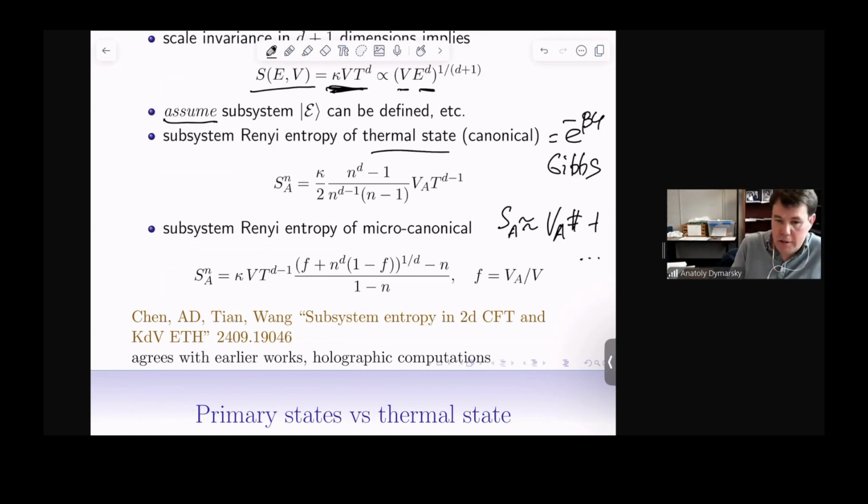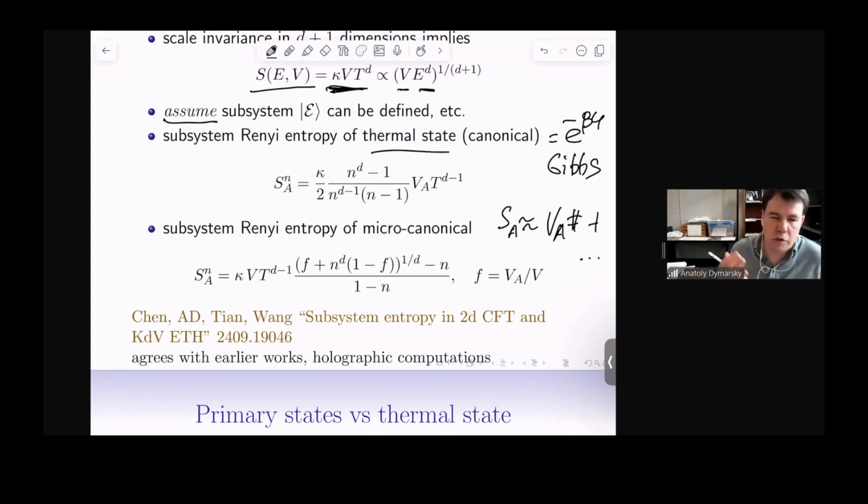And these answers match earlier works, which include holographic calculations. And I hope to be able to say a few words about holographic calculations, where people use essentially the same approach, the diagonal approximation, which is known under the name of fixed area states. But the math is essentially the same. So not only the result is the same, actually the calculation is the same. So there is a way to justify this diagonal approximation holographically.